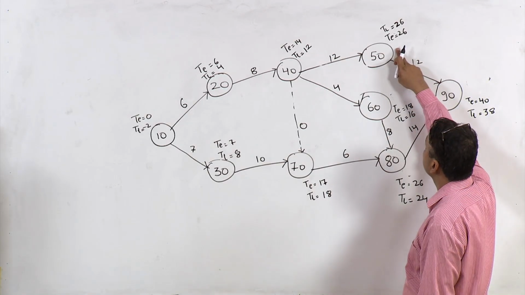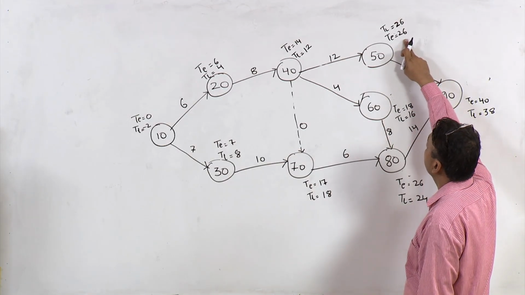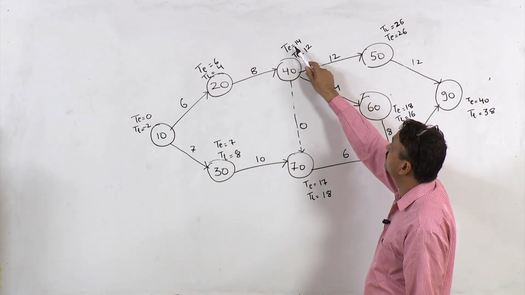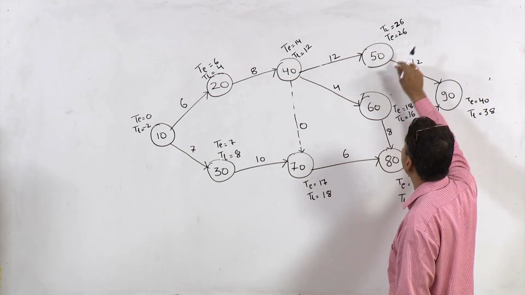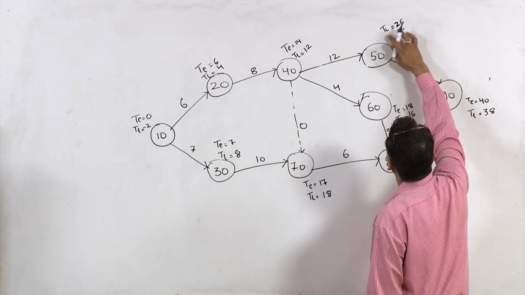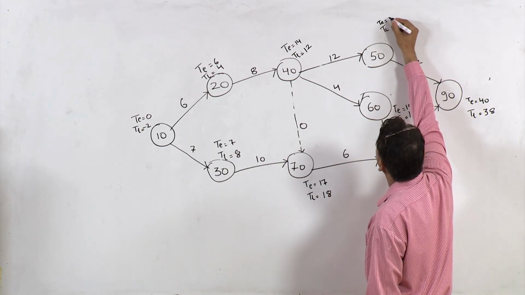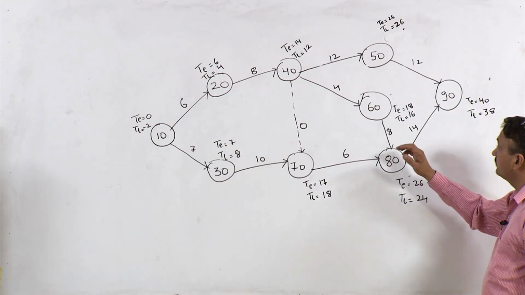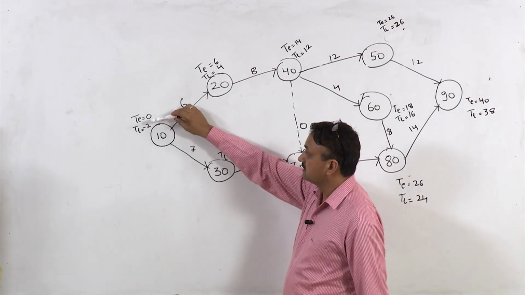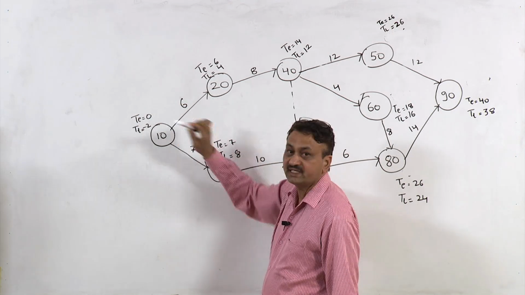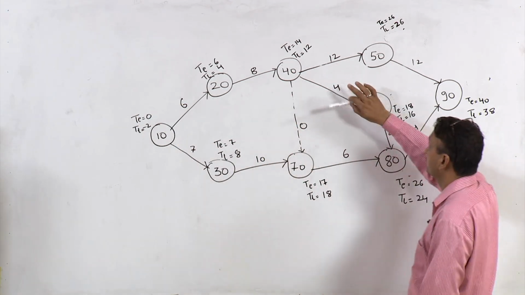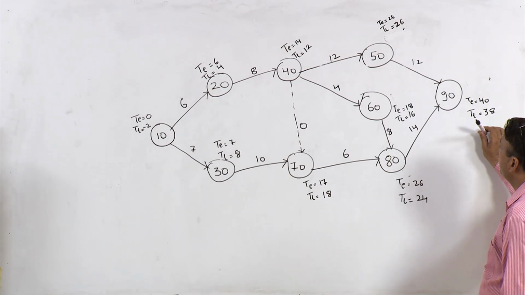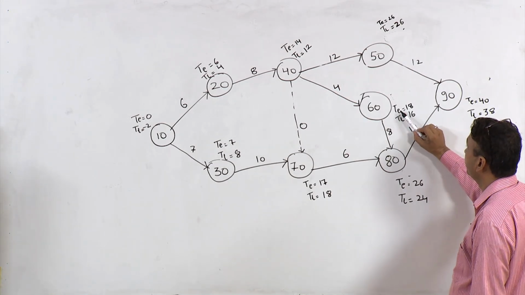TE at this node is 26, right. How 26? It's 14 plus 12. So, in fact what we have done, we have written TE and below it TL, right. Everywhere we have kept this uniformity. TE at this point is 18. How come 18?